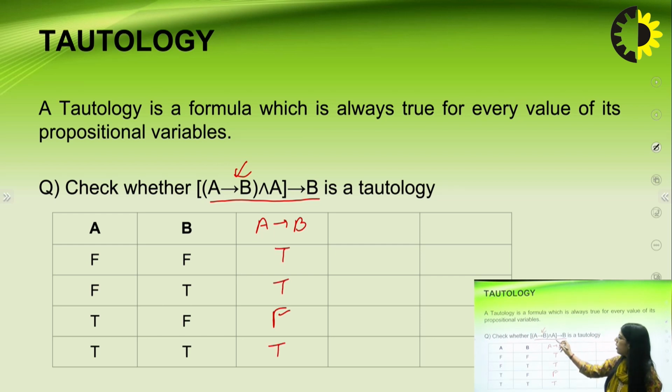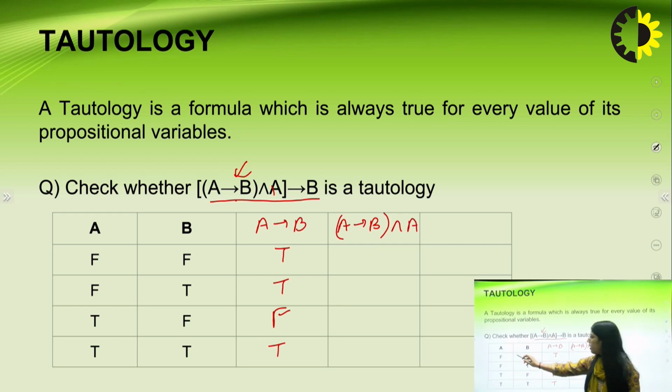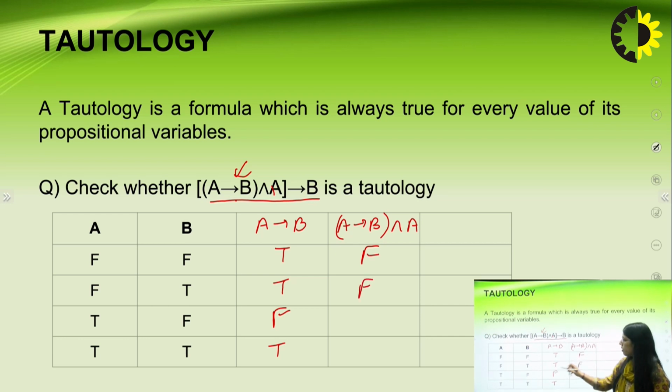Moving on, if we apply the AND operator between this implication and A, then we get A implies B and A. We need to compare these two values. For the AND operation, false and true will result in false. False and true, of course false. True and false, false. And in the last case, both of the values are true, so it will result in true.